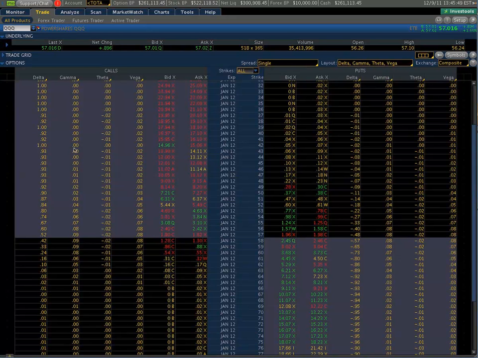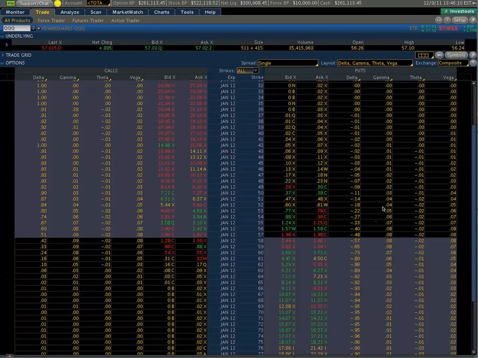And to help you determine how much profit or how much loss you could actually have as a result of purchasing those options, all you have to do is look at the delta, and based on a single dollar move in the Qs, you would determine immediately what your profit or loss was during that price move.